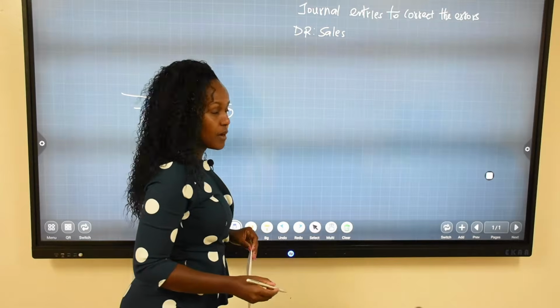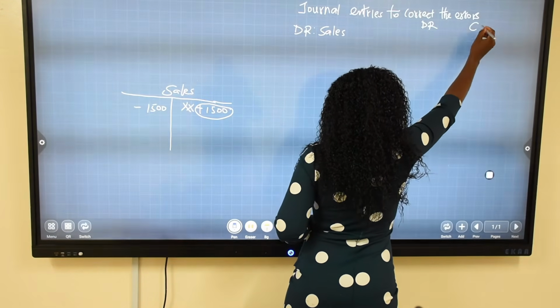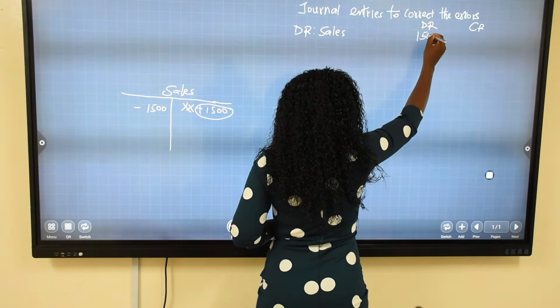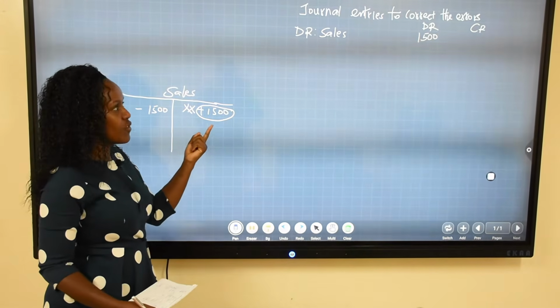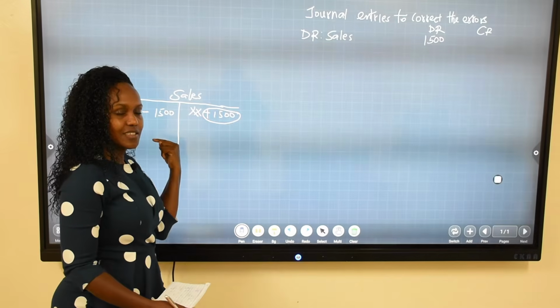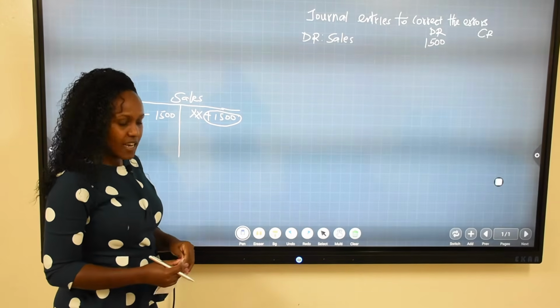Then we can have a column here for debit and a column here for credit. So we are going to debit the sales by 1500. And you are saying, since it had been overcast, we are reducing by debiting. So we are going to debit the sales with 1500.